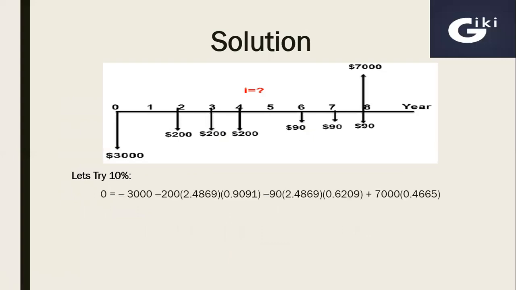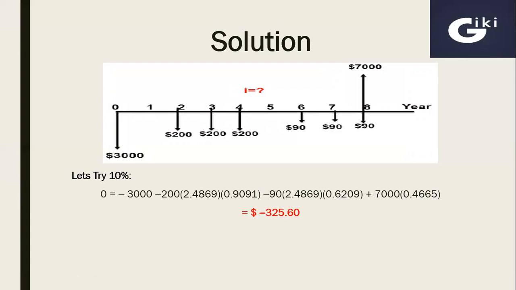At 10%, the P over A factor for 10% and 3 years is 2.4869, and P over F factor for 10% and 1 year is 0.9091, and P over A factor for 10% and 3 years is 2.4869, and P over F factor for 10% and 5 years is 0.6209, and P over F factor for 10% and 8 years is 0.4665.